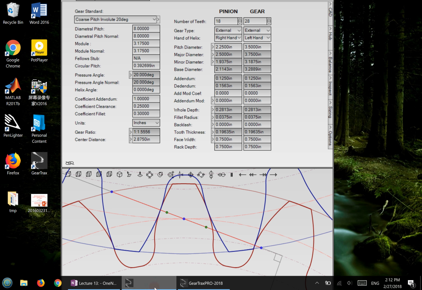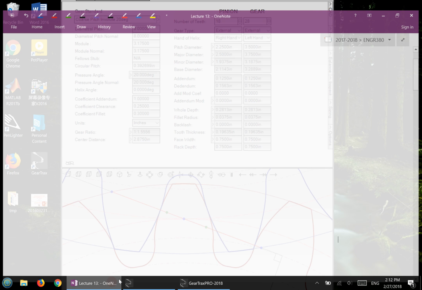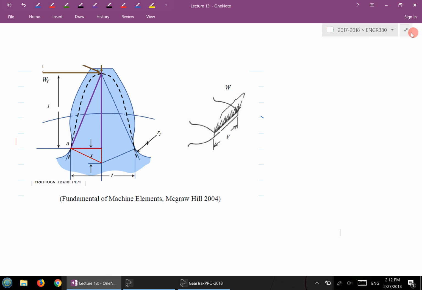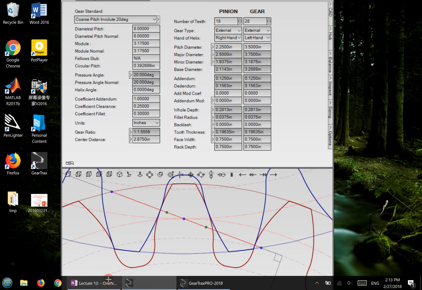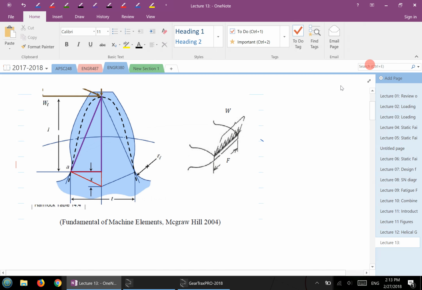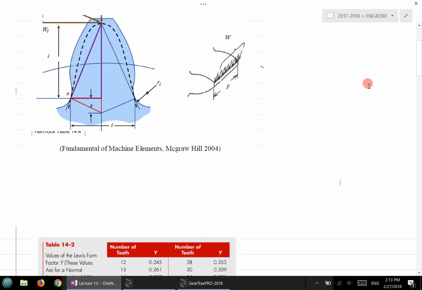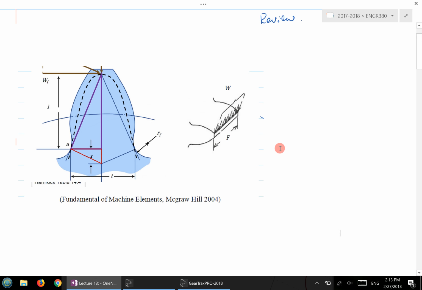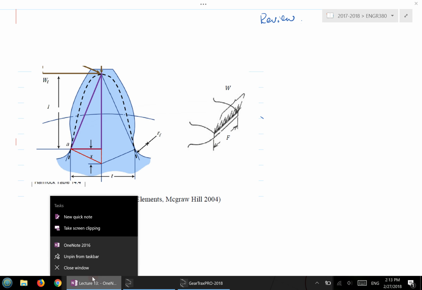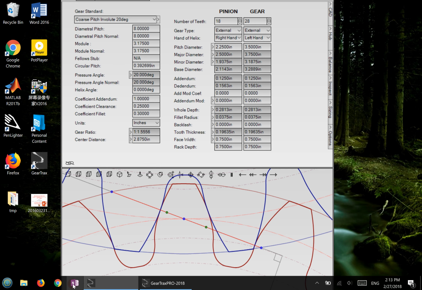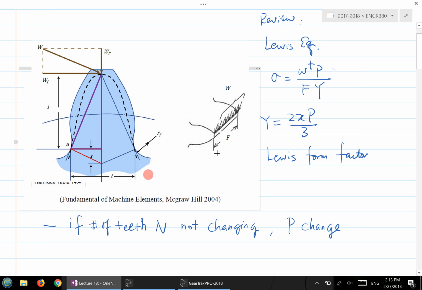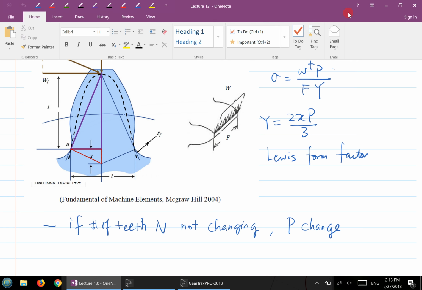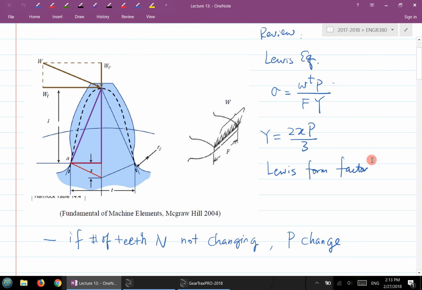If you recall, this Y value here is the form factor.